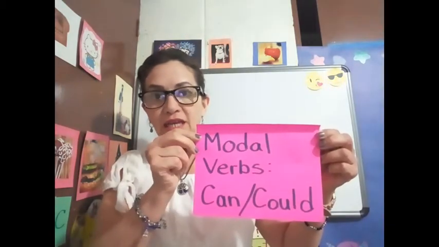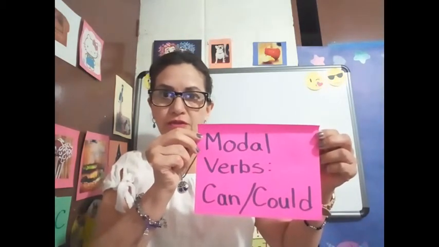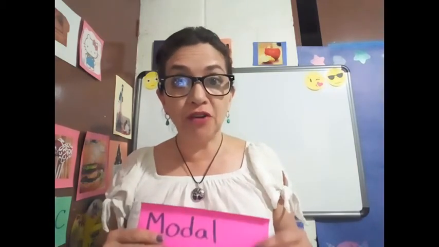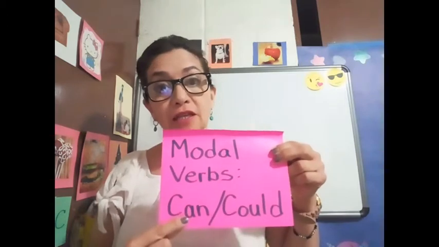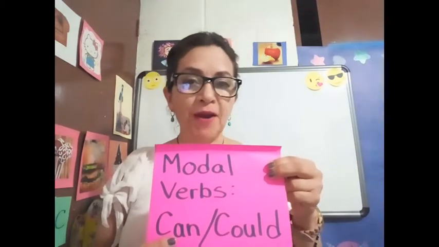We're going to talk about the modal verbs can and could. Now, what is a modal verb? Let me tell you. Modal verbs are verbs that cannot be used alone. You need to use a modal verb, for example, the verb can, with another verb.